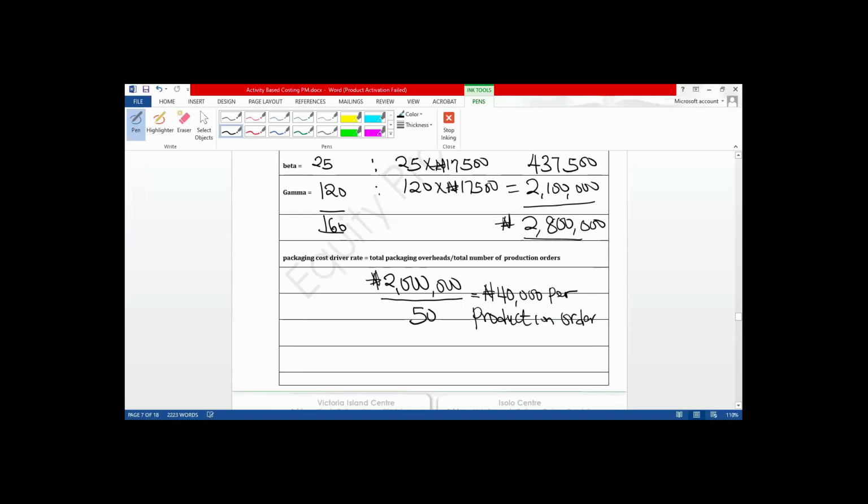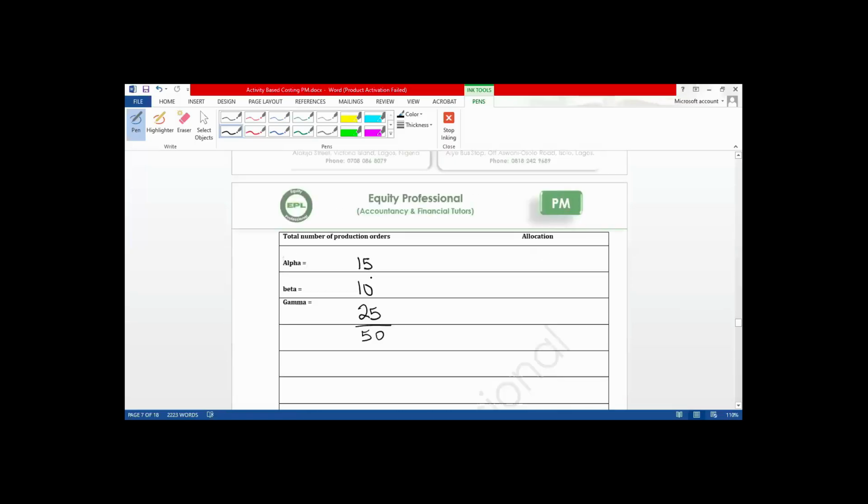You can now go to allocation. Here we have 15 production orders. We are going to allocate at the rate of 40,000, multiplied by 40,000. Get your allocation.